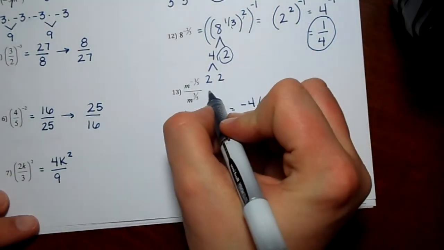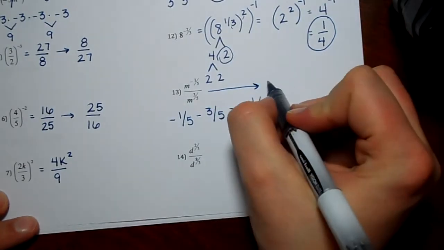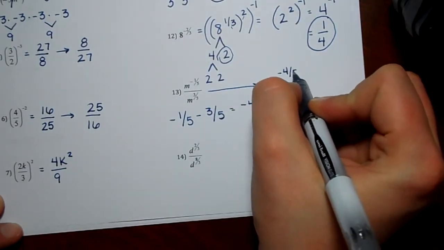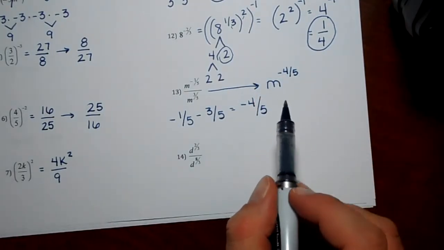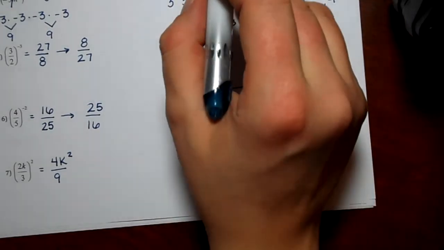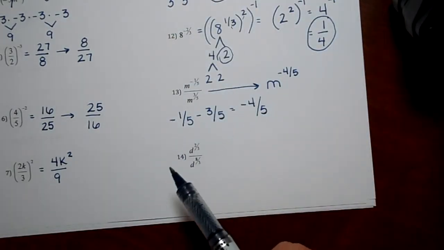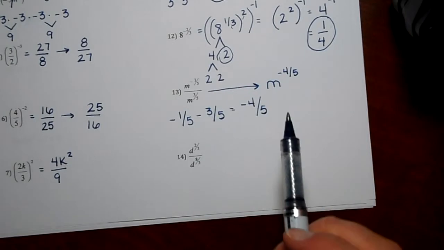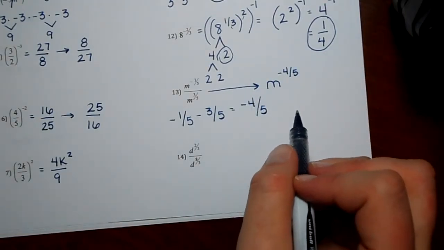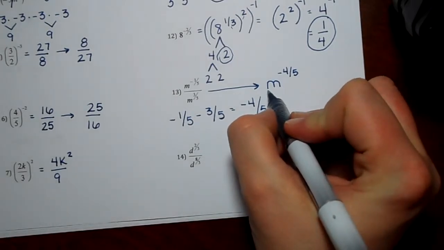For my answer then, I'm going to move it over here, I would have m to the -4/5. Now hopefully you're seeing a problem with that, because a negative exponent is not considered to be simplified. And if you look back up in your directions, it says that all of your answers should only have positive exponents. So let's take this and rearrange it just a little bit to make it so that it has a positive exponent.